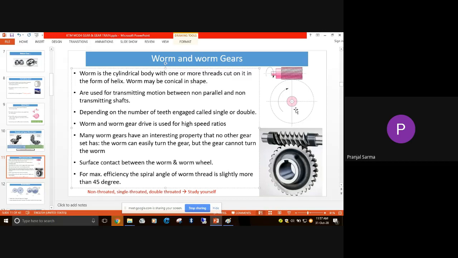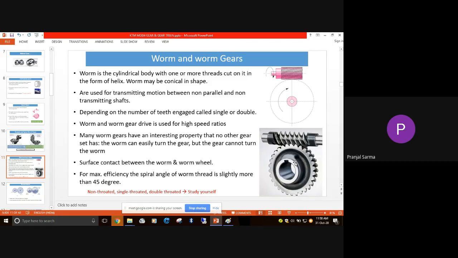This worm wheel has a very interesting property. The worm can easily turn the gear, the bigger wheel, by turning the worm. But the gear cannot turn the worm.